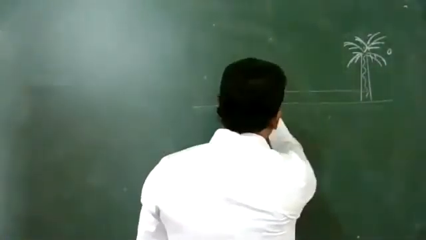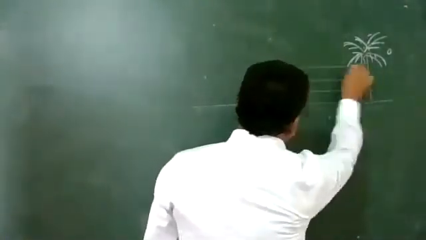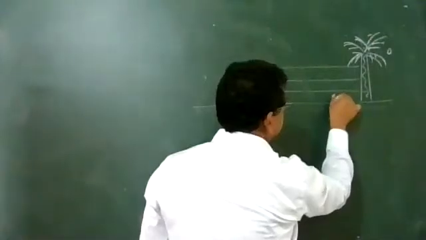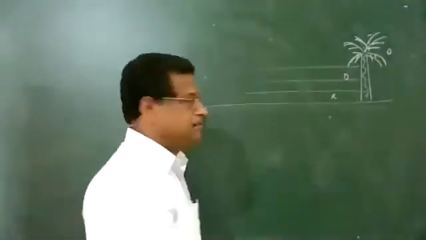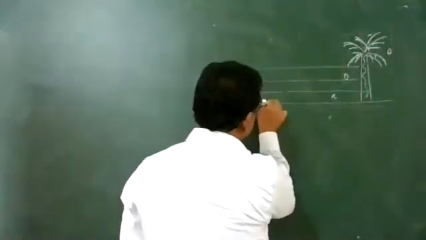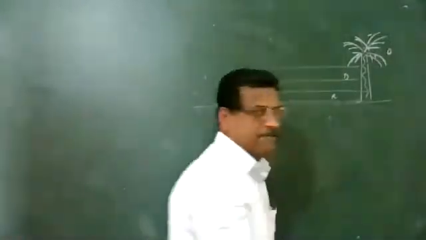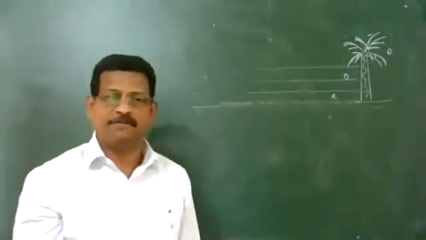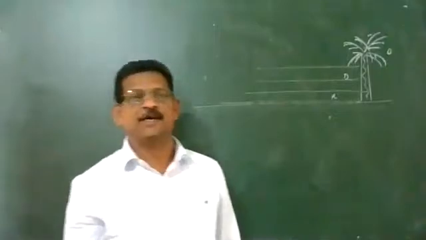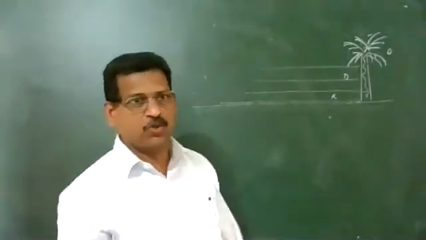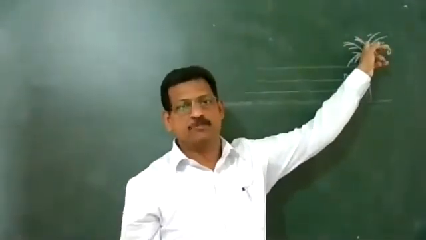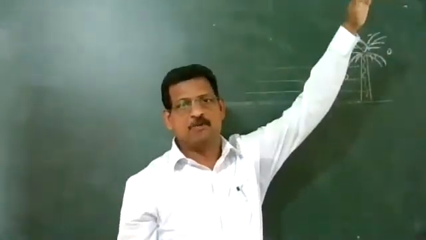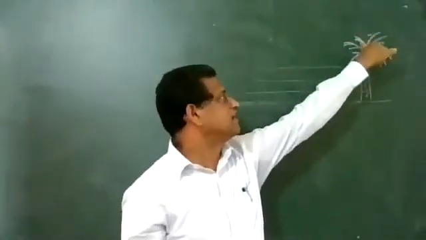I am marking different layers here. The lower part is a rarer medium and the upper part is a denser medium, because near the hot sand the density is less and it acts like a rarer medium.